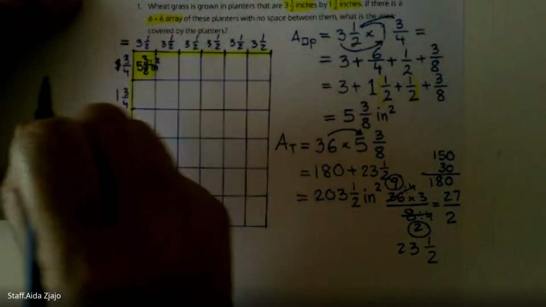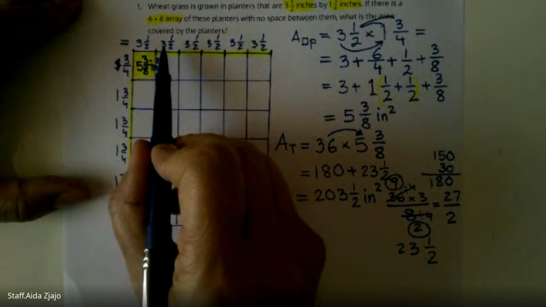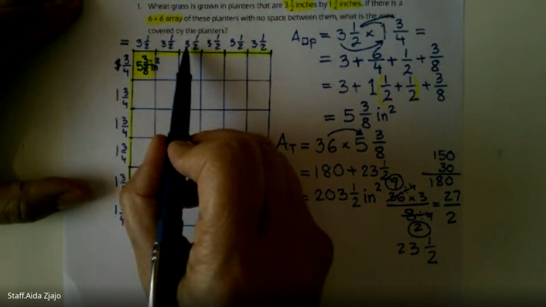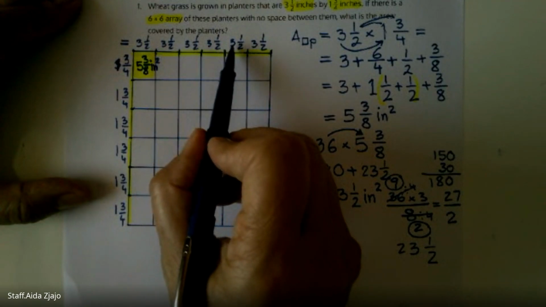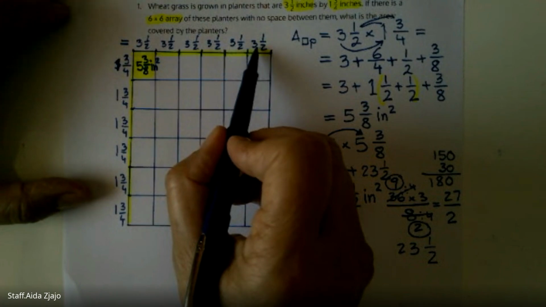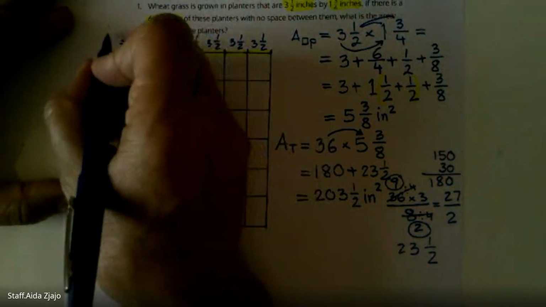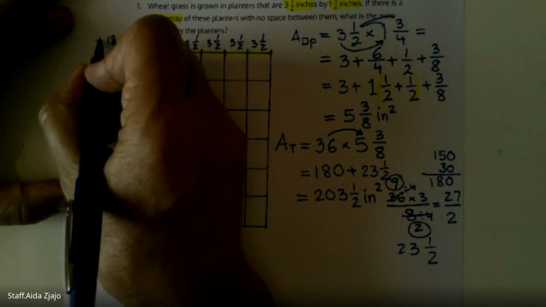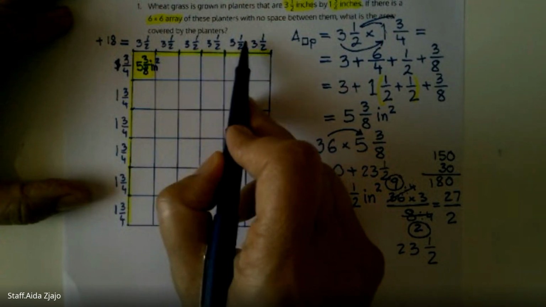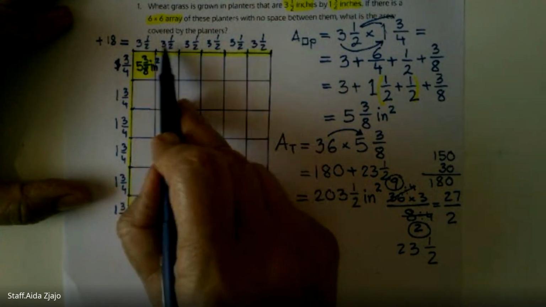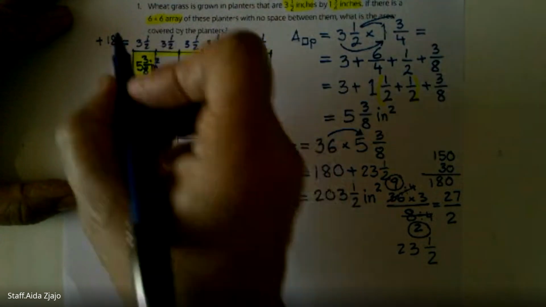I can add this. 3 plus 3 is 6, plus 3 is 9, plus 3 is 12, plus 3 is 15, plus 3 is 18. So 18, plus half and half makes a whole, and half and half a whole, and half and half a whole. So 1, 2, 3 plus 3 more.